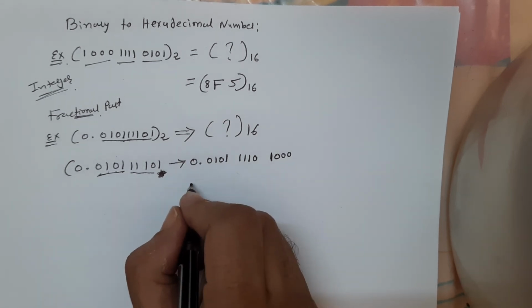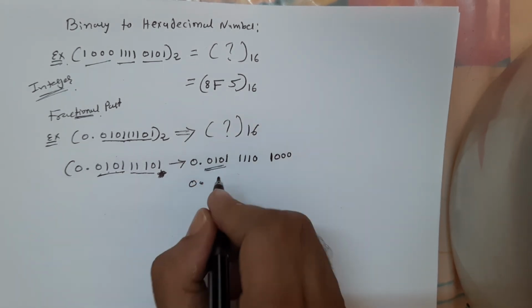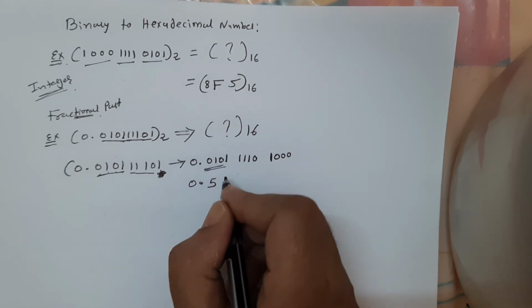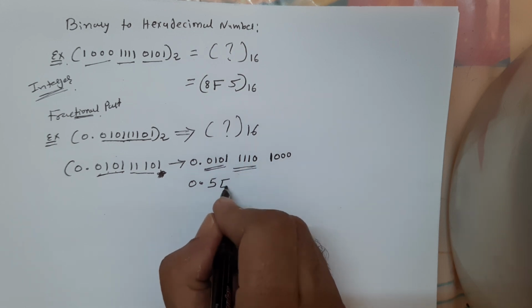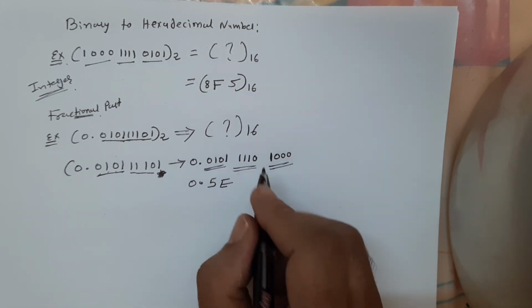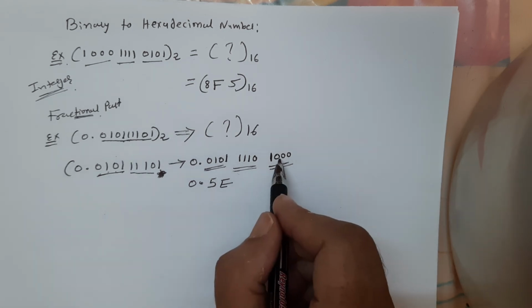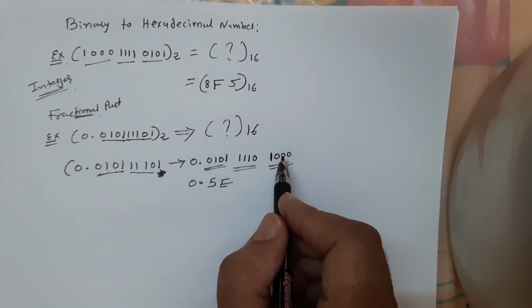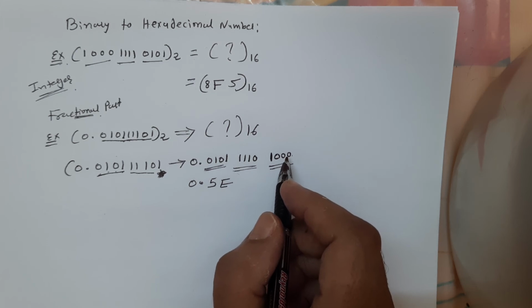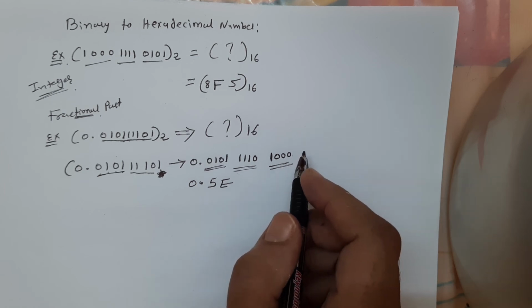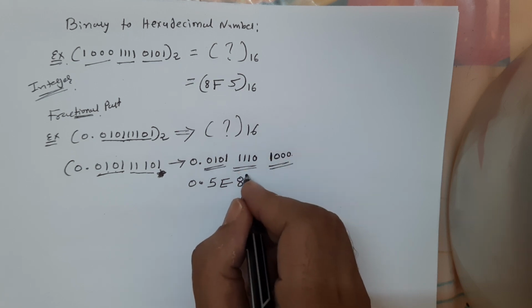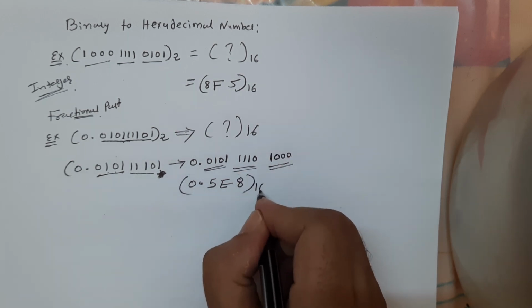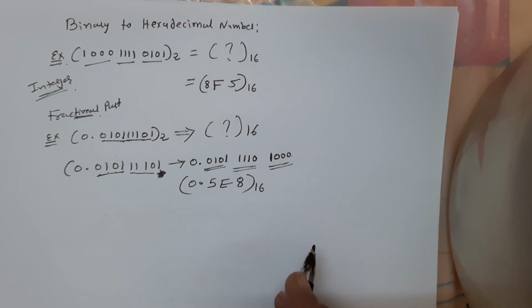So this 0101 is equal to 5. This is equal to E, and the last only there is a 1, but we add 3 more digits to make 4 bits, and you are getting a number, right? 1000, that means it is equal to 8, and this is your hexadecimal number, right?